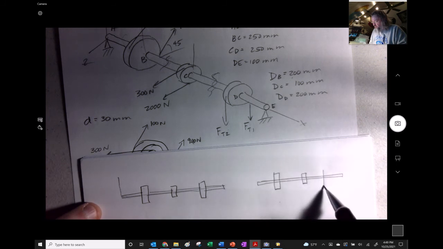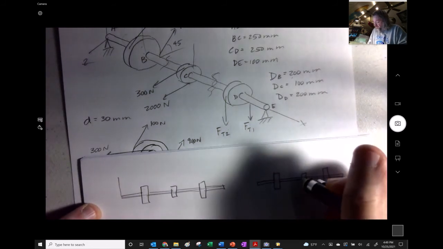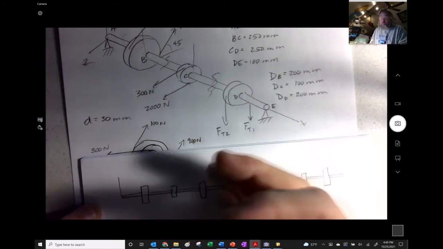Short, big, short, big, short. All right. I guess I feel as though I want to erase that line.